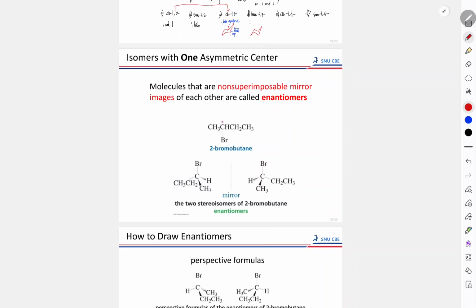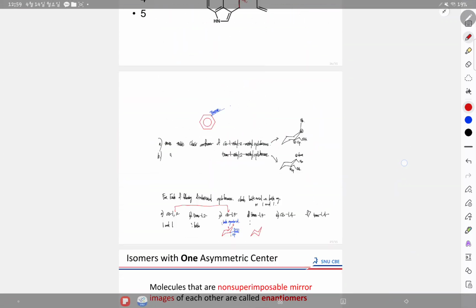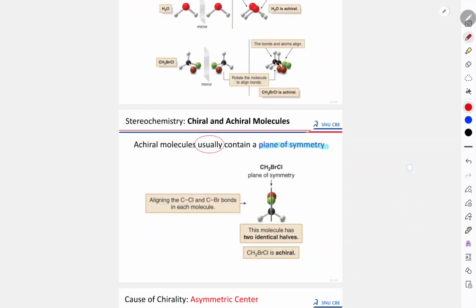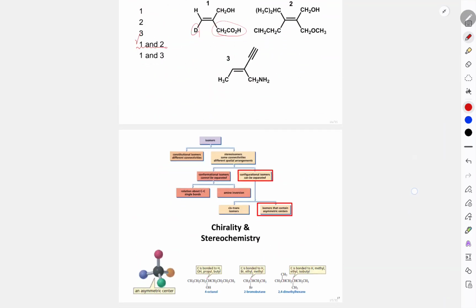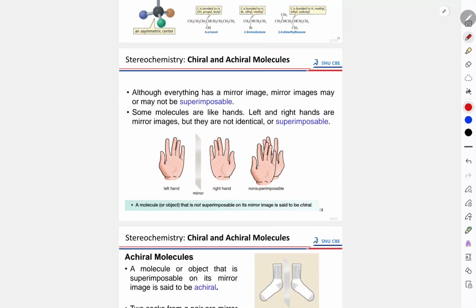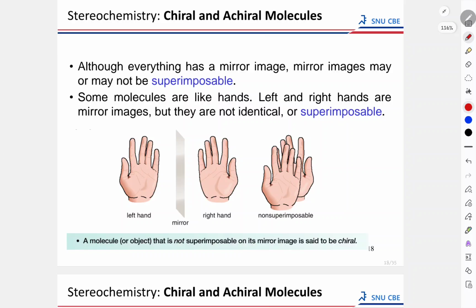And we defined chiral versus achiral molecules, and this can apply to any general object as well. If you have an object here, like lecture 10, for instance, you can draw a mirror image. You can imagine there's a mirror in the middle, and you can draw the mirror image of any object.